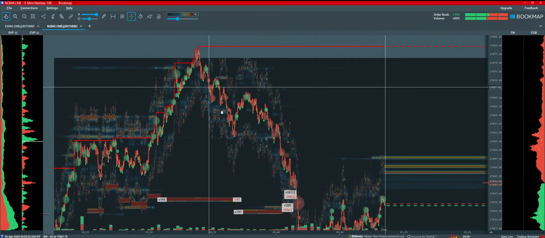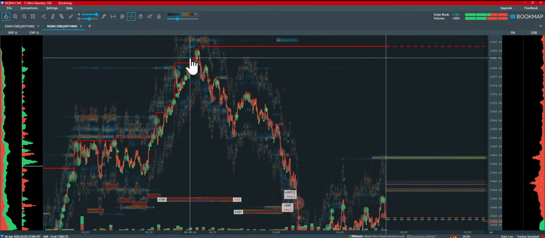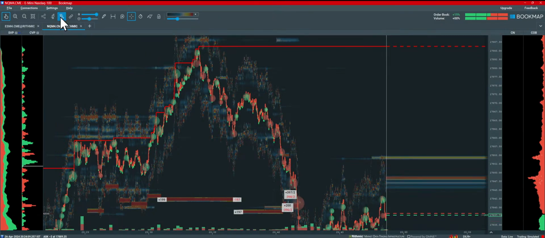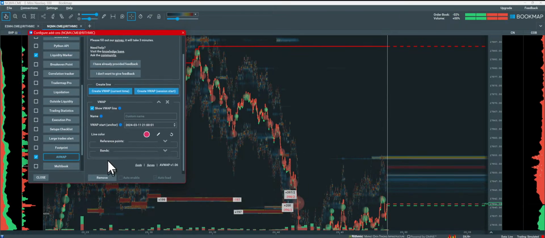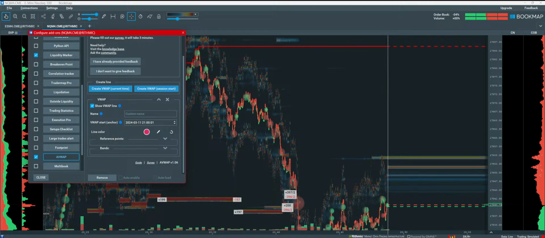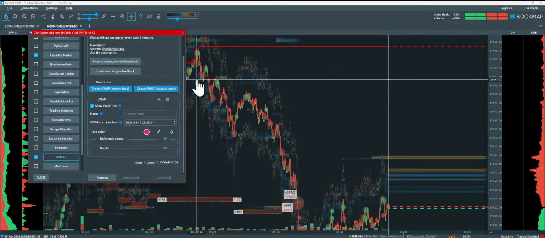If you see the move that started from here, we'll go here and add the anchored VWAP. We will anchor it, and what we'll do is VWAP start anchor. Let's look at the time. What is this? 20:33:44.